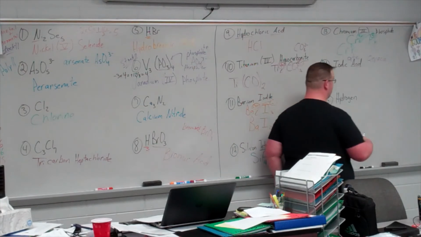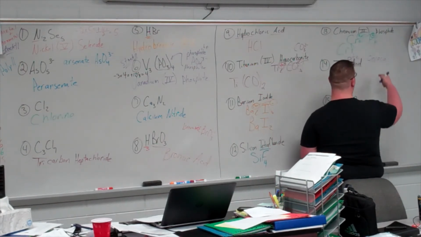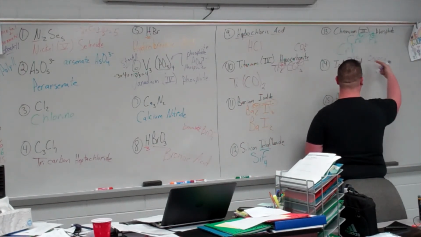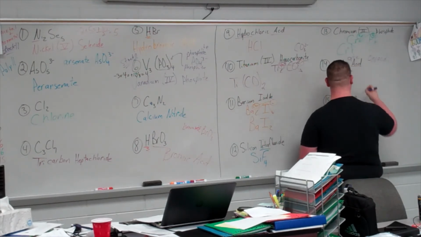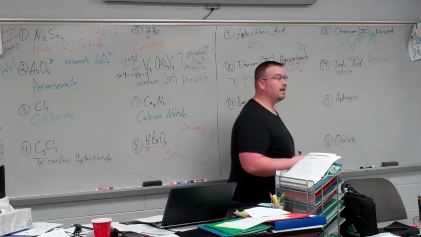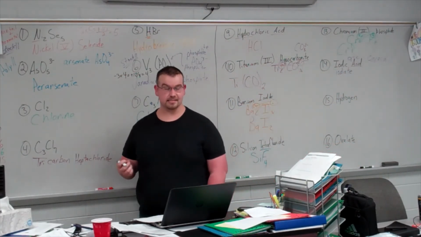Now I'm working backwards, going from ic acid to ate. So I'm looking at IO, and that's a good marker: iodate. That's the oxyanion this acid comes from.